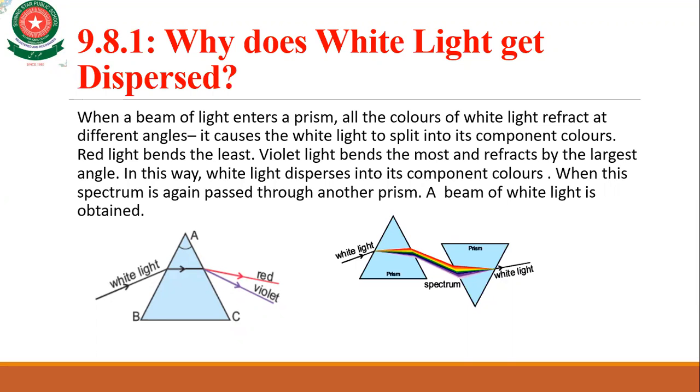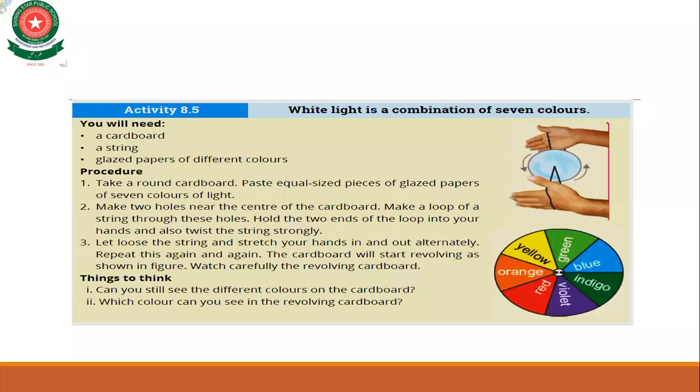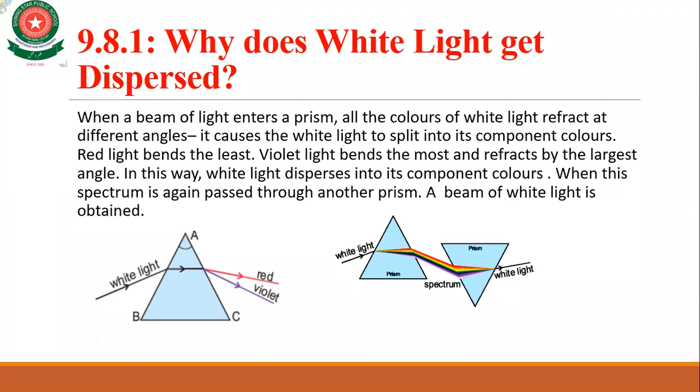So in this way, white light disperses into its component colors, and when this spectrum is again passed through another prism, a beam of white light is obtained. That is the last topic of today's lecture. Now class, if you have any kind of questions, you can ask.